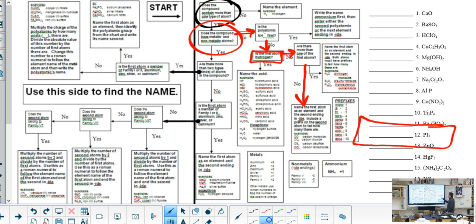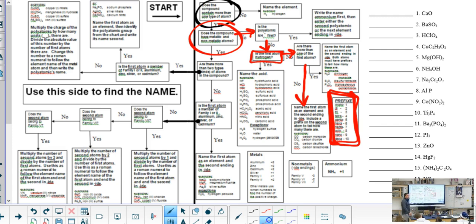So we're phosphorus. The second one ending in "ide," but you must have a prefix to tell you how many of the second ones there are. What's the prefix for 3? Tri. So the answer to number 12 is phosphorus triiodide. Triiodide is fine.